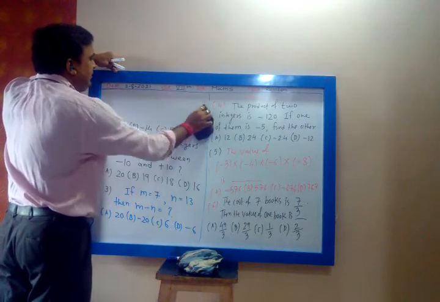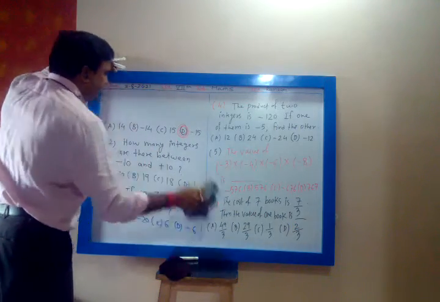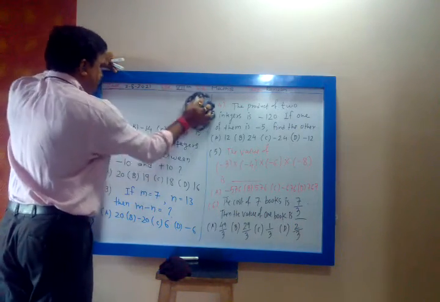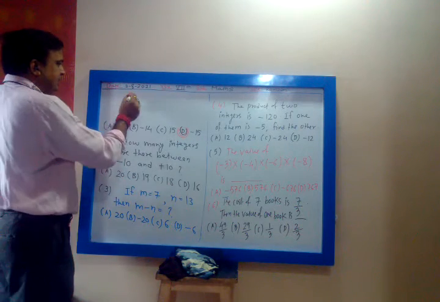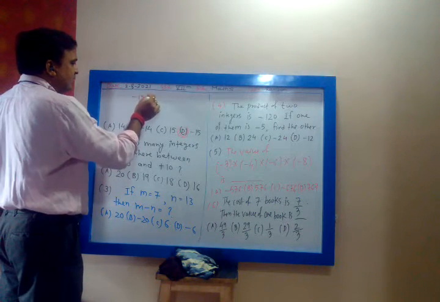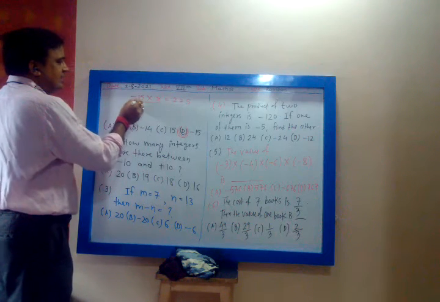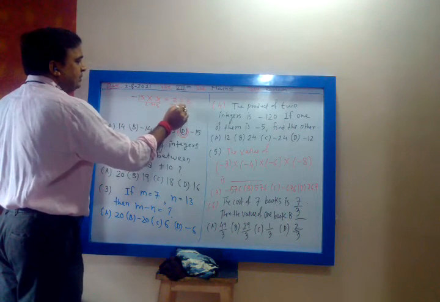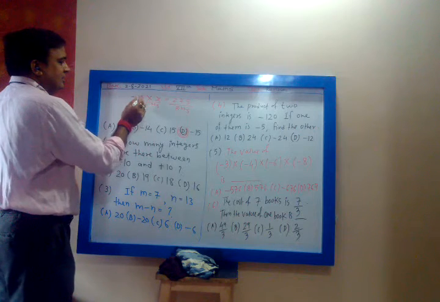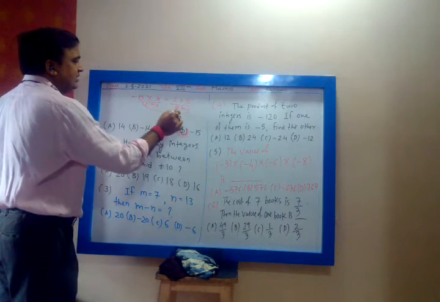Minus 15 into x is 225, correct? So this is my left hand side and this is my right hand side. Minus 15 is in the multiplication. When I take minus 15 to the right hand side, it goes into the division.